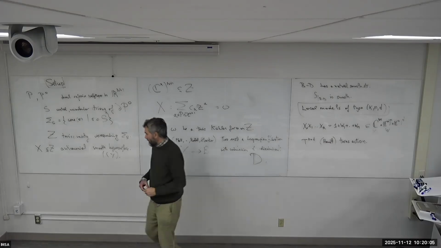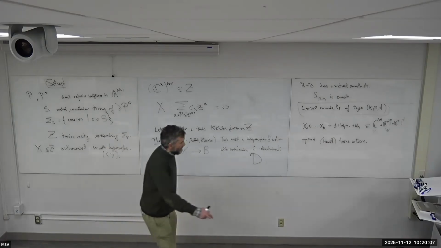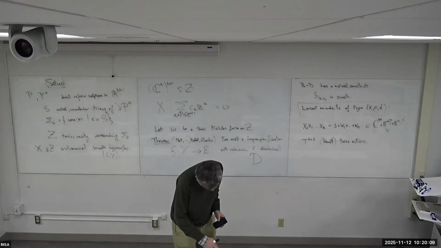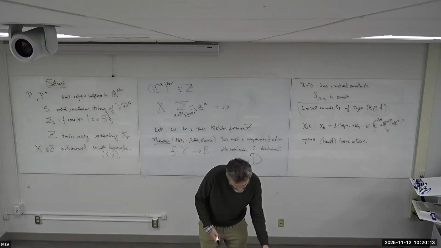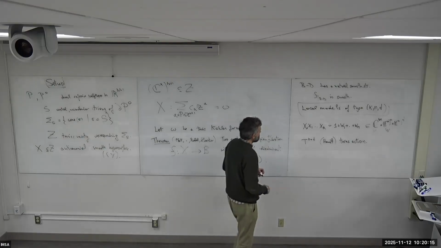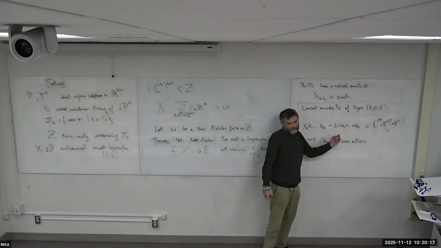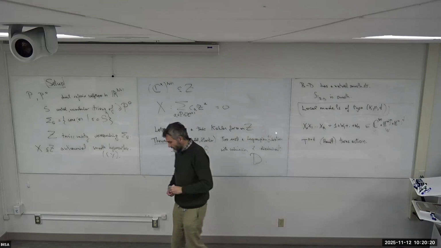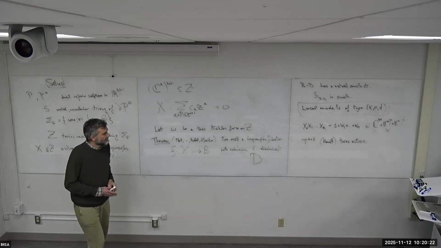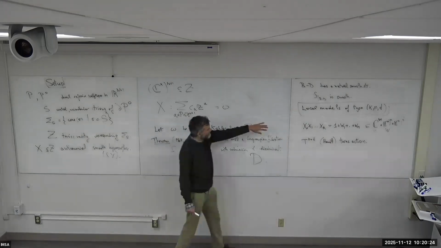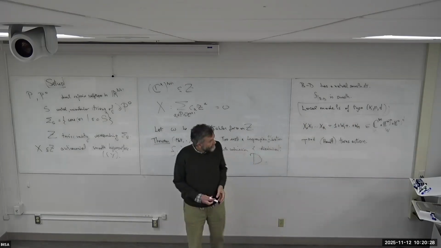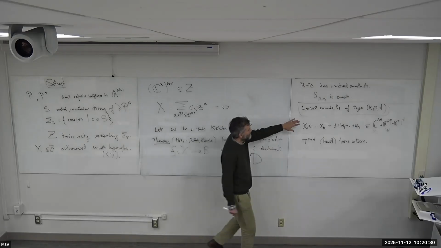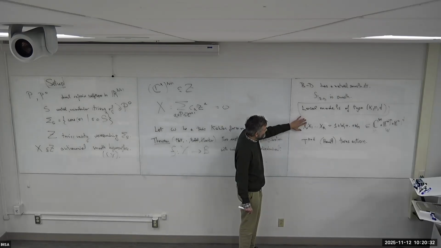Okay, so now, the keyword for this. These local models have been around since the early days of the conjecture, because they admit torus fibrations which have the right topology.